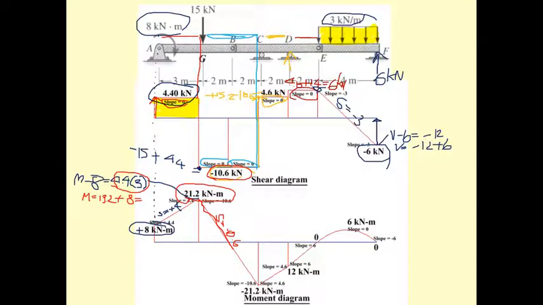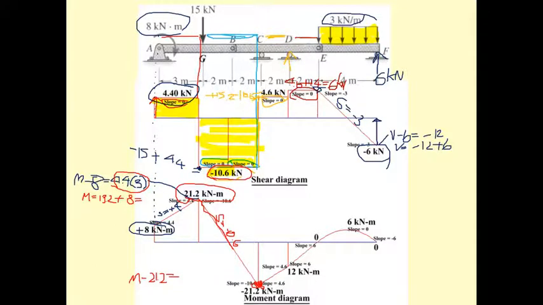What's going to be the M here, the M at this point? It's minus 21.2, and then it's equal to the area over there. The area is going to be minus 10.6 times 4.